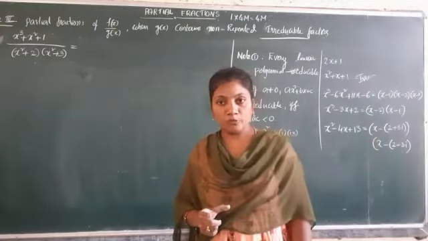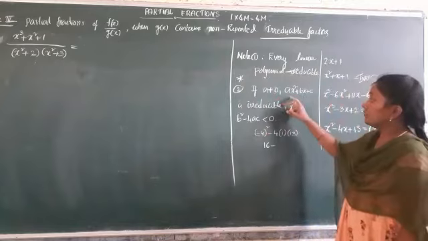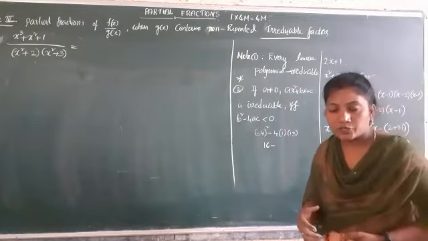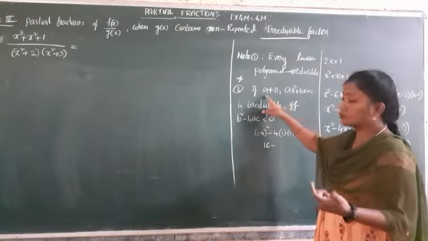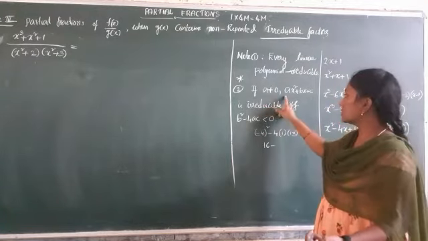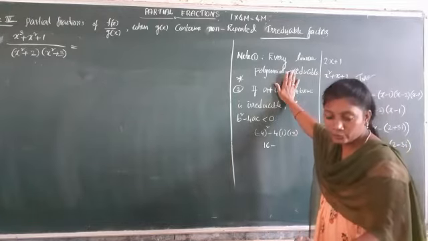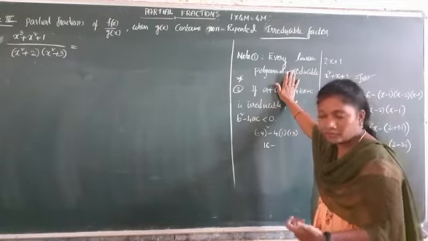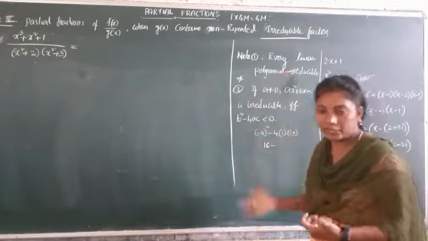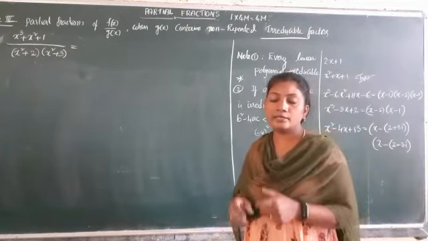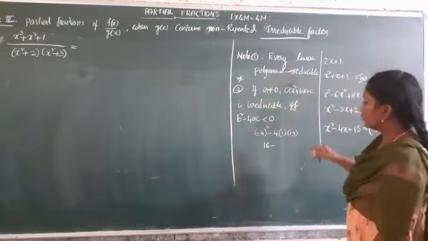And the second one, if you have any quadratic expression ax square plus bx plus c is equal to 0, quadratic means a should not be equal to 0. If a is equal to 0, it is again linear, definitely irreducible. So if in your examination they are asking whether a linear polynomial is reducible or irreducible, it is clearly irreducible.